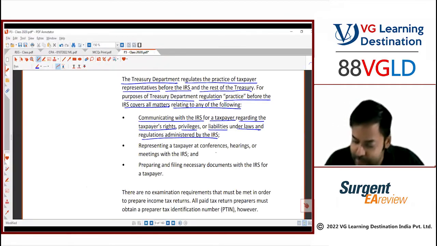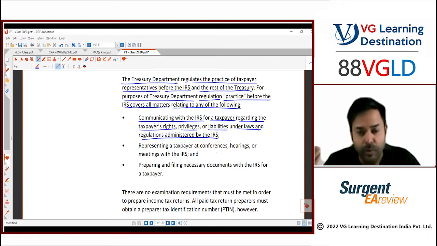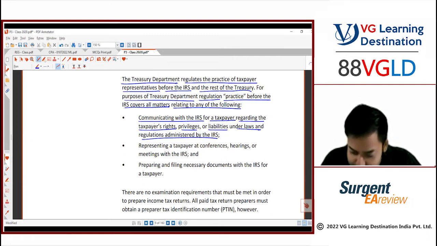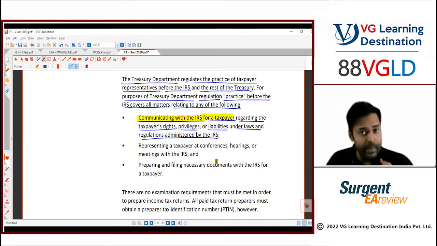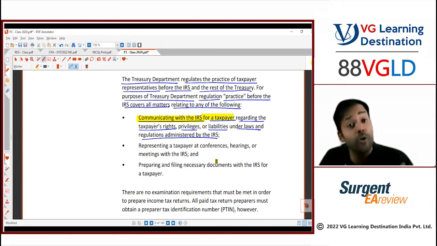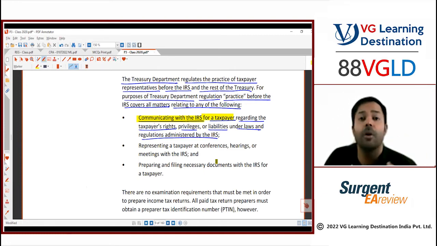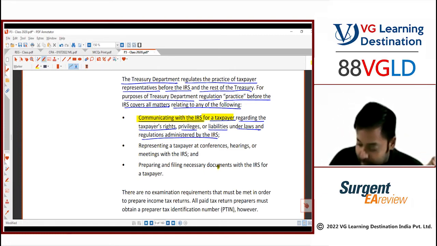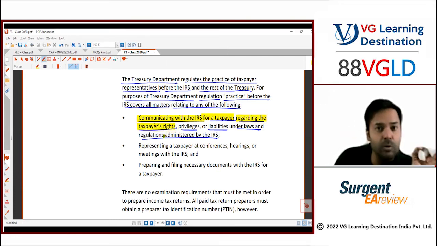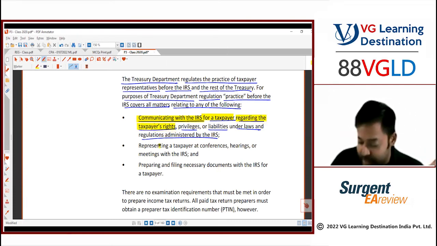Now let's see, when we say practice, what do we mean by that? Basically, you are going to communicate with the IRS for a taxpayer, for your client. If you are an EA, you are communicating with the IRS for your client regarding the taxpayer's rights. What are the taxpayer's rights? Your client's rights, privileges, and liabilities under the laws and regulations administered by the IRS.